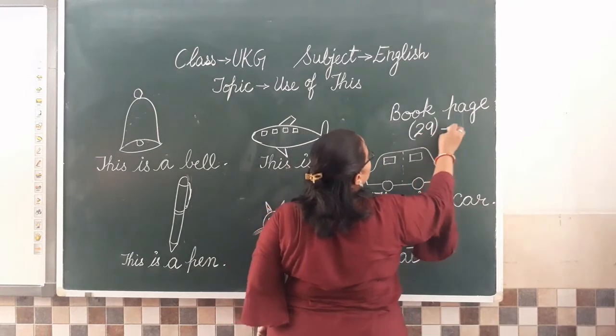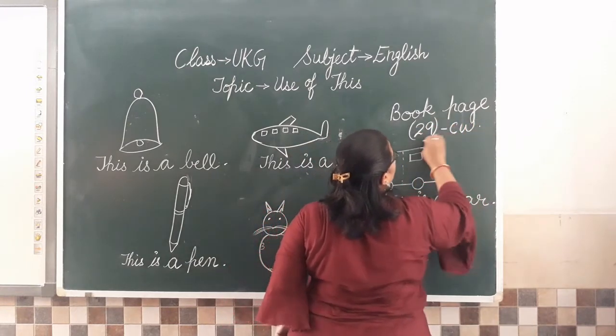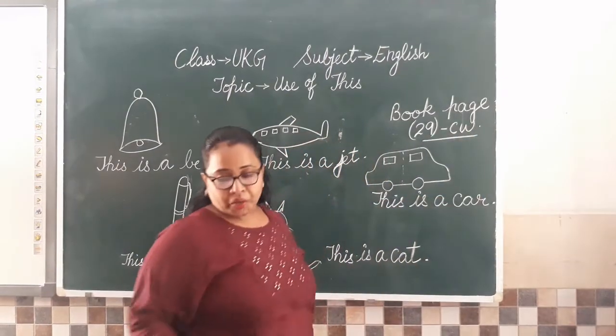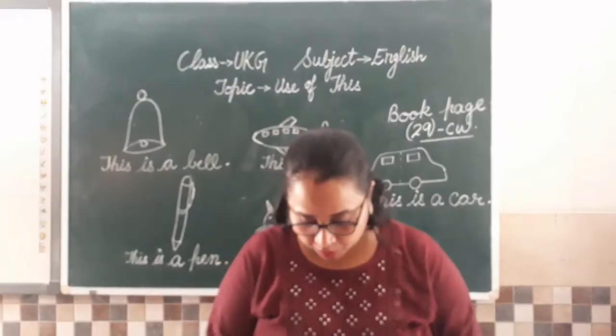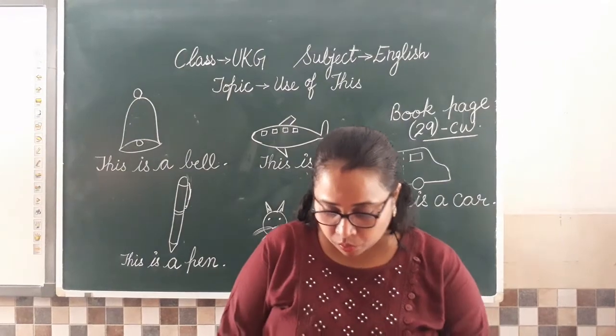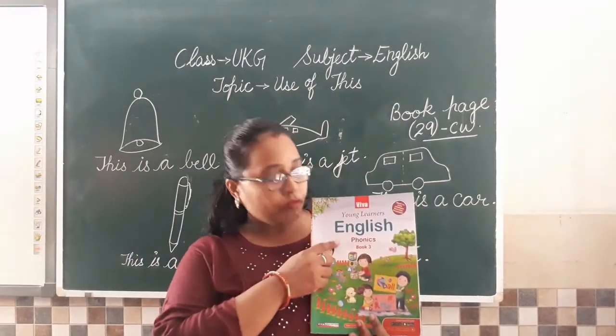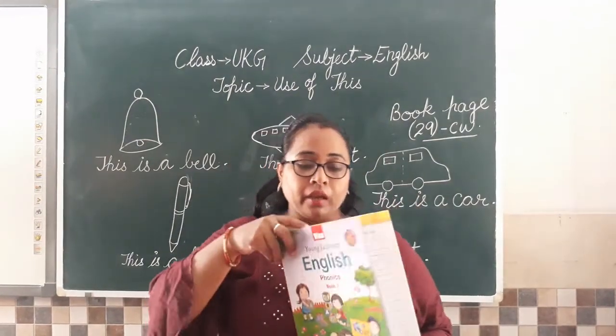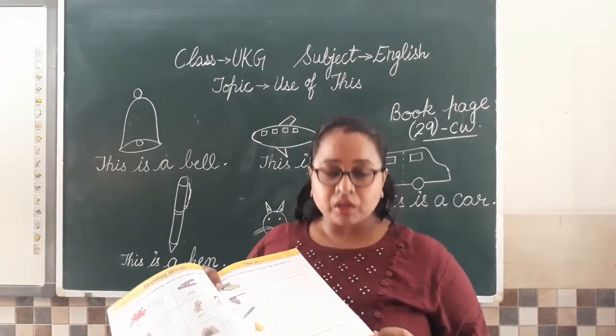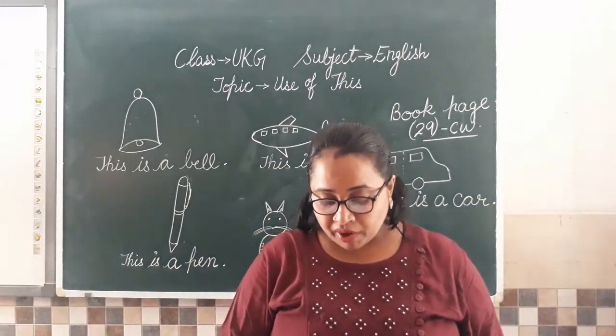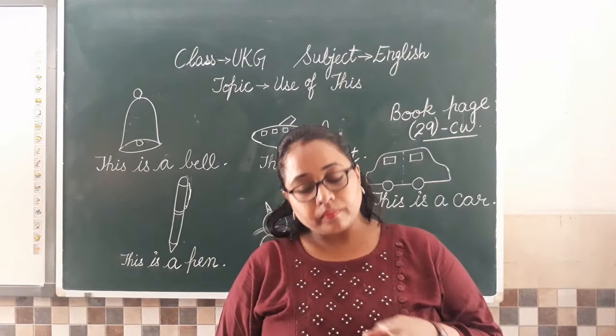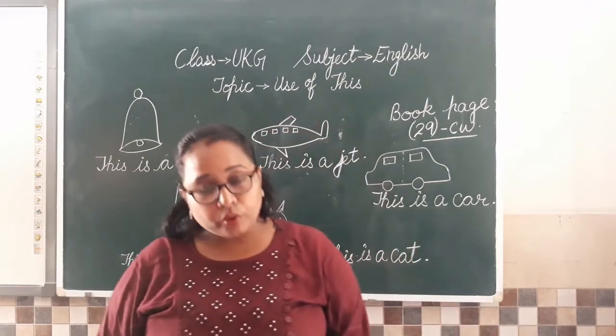So this is your today's classwork. Understood all? Page number 29 when you will open in your phonic book. So again I am telling you, open this phonic book, your phonic reader. ठीक है? And in this when you will open on page number 29, you will find the topic this is. Clear?